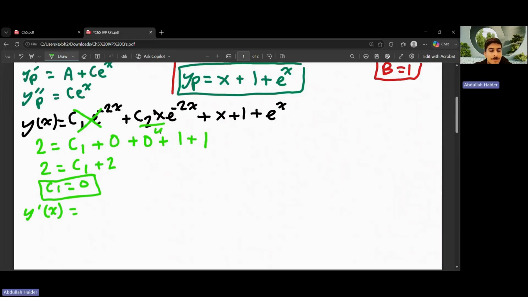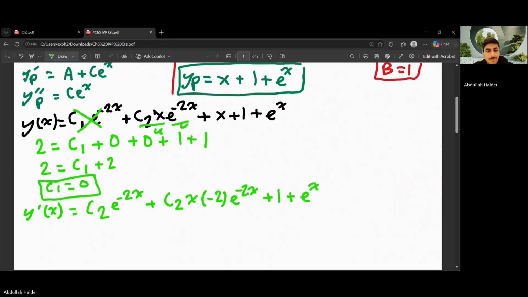This is u, this is v, then u prime v, C2 e power minus 2x plus u v prime, C2 x times minus 2 e power minus 2x, and derivative of x is 1, derivative of 1 is 0, and derivative of e power x is e power x.